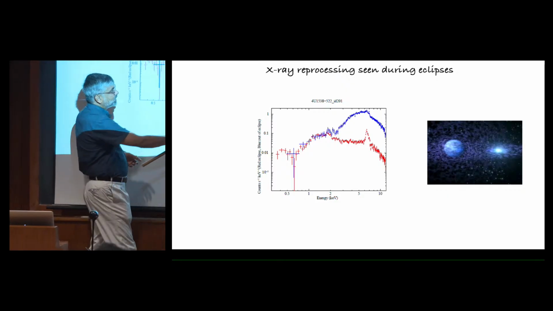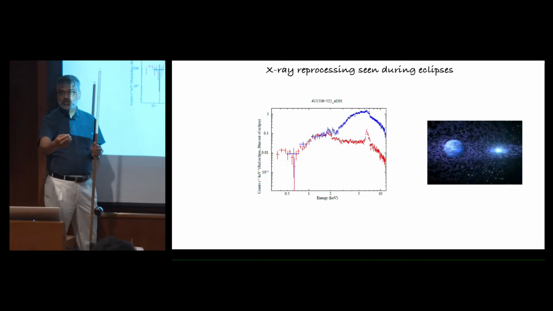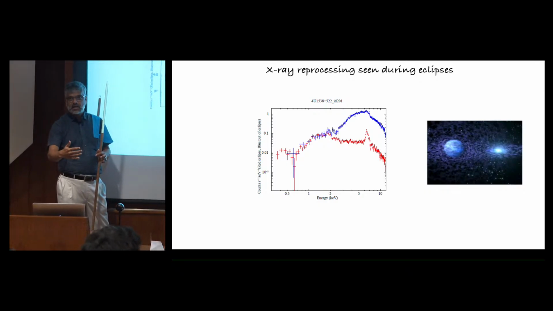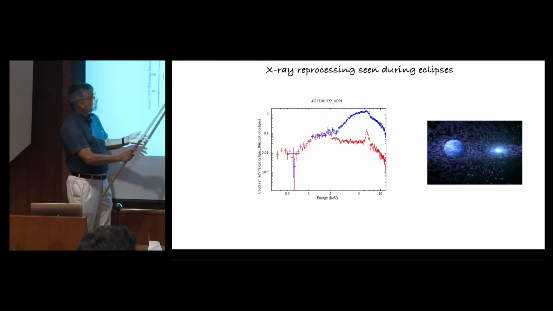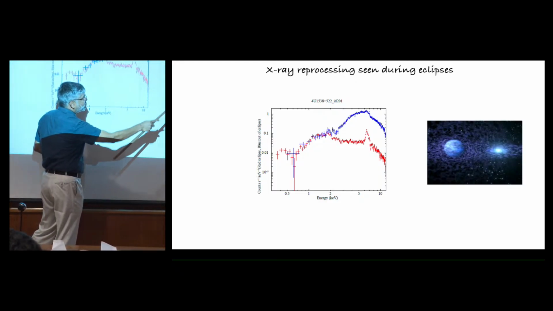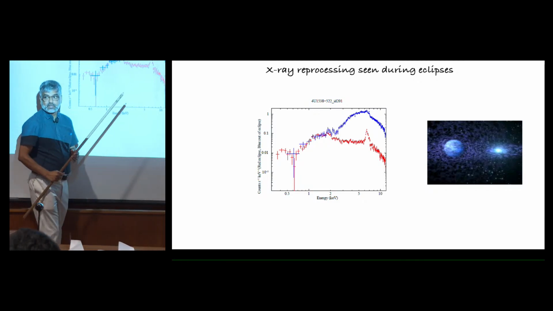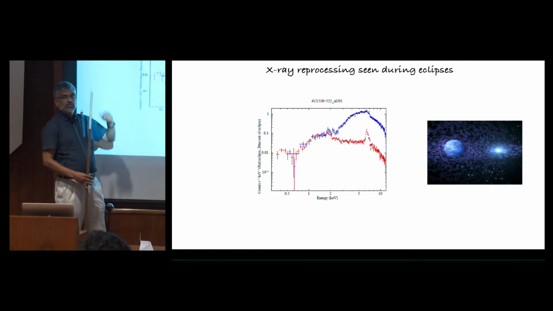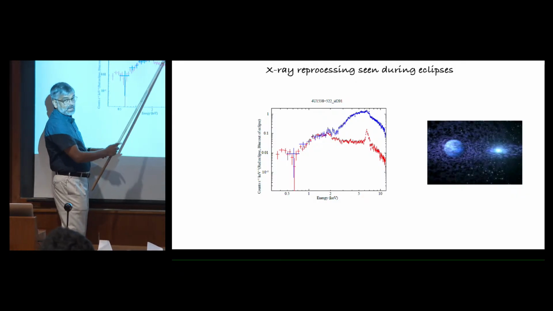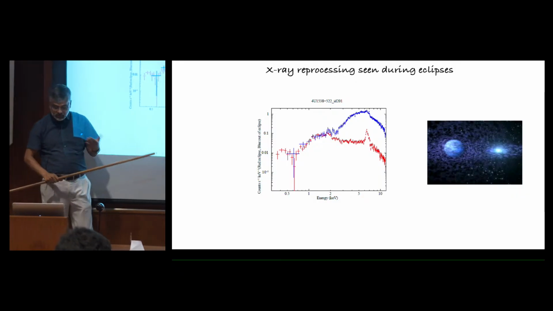During eclipse, that compact star is behind the companion, okay. Most of the emission that is emitted from the central star is blocked, okay. All that you are seeing is the emission which is emitted from here, but then reprocessed from the material surrounding it, okay. It is only the reprocessed emission which has a path to reach us. That then shows up in these emission lines in the 6.4 keV band, because this is reprocessed emission.